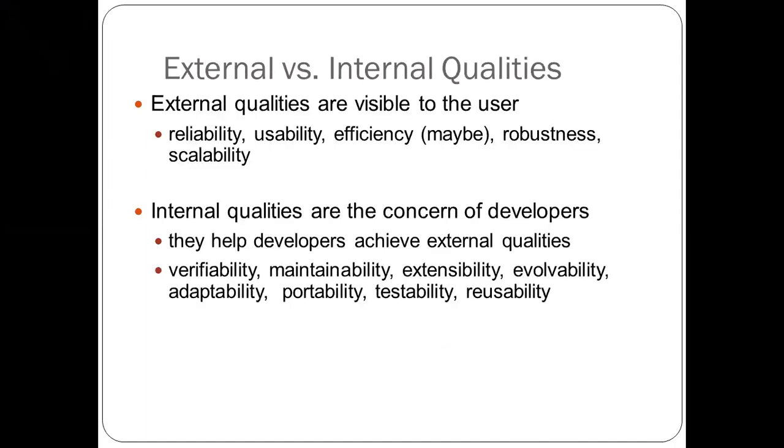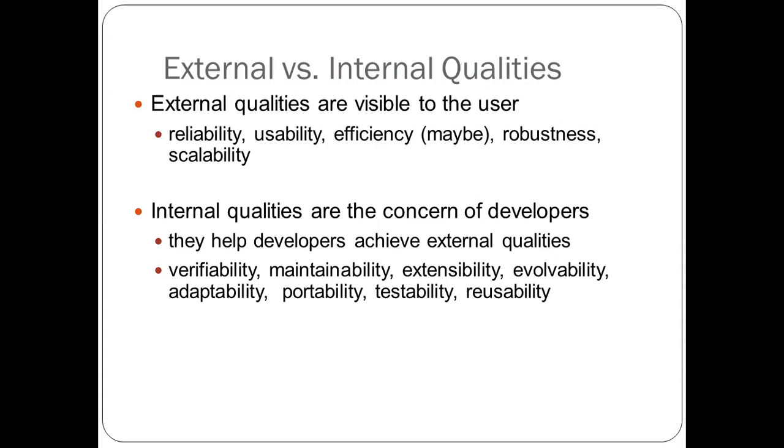Now, the first topic here is to elaborate on external versus internal qualities. External qualities, as the name suggests, are visible to the user. Here we can see reliability, usability, efficiency, maybe robustness, scalability.